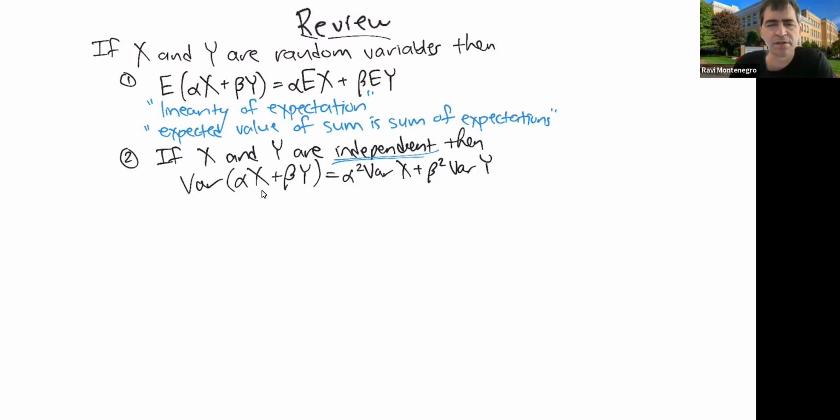Now let me put a little comment here on a common mistake. If we look at standard deviation instead, and we're going to be doing a lot of this today, the standard deviation, recall, is the square root of the variance.